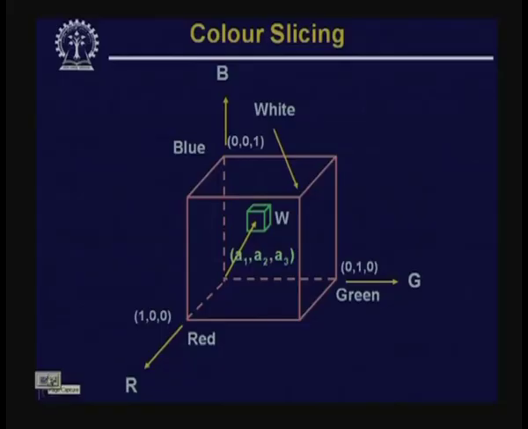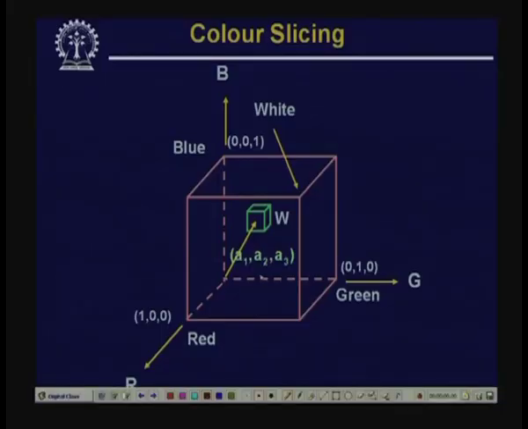So, as given in this diagram, I assume that I have this cube of width w, the colors of interest are contained within this cube, and the center of this cube is at a prototypical color given by the color components a_1, a_2 and a_3.